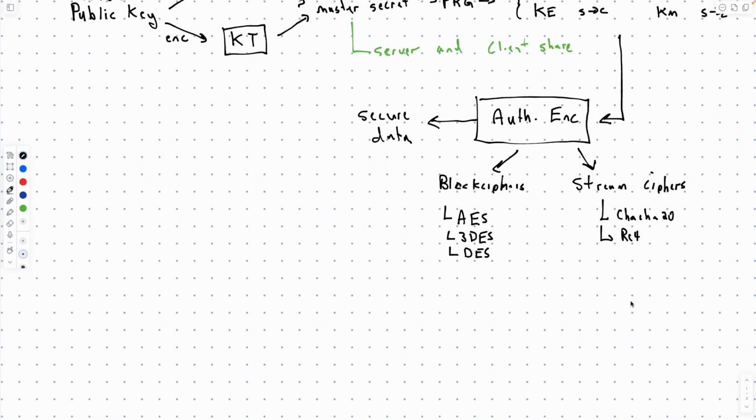For a stream cipher, you also need to add a MAC. Normally with RC4, you would use what's called an HMAC, hash MAC, and for ChaCha20, you tend to use one called Poly1305. We call these cipher suites, a combination of crypto algorithms.